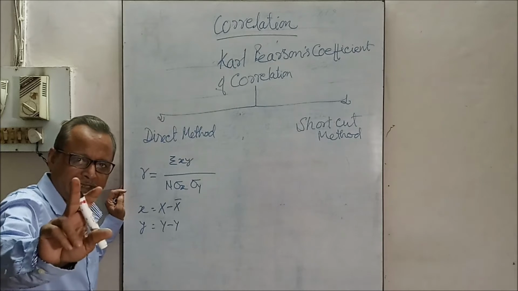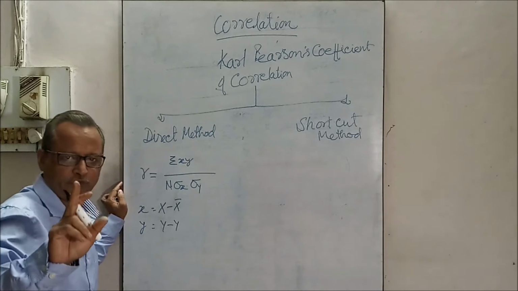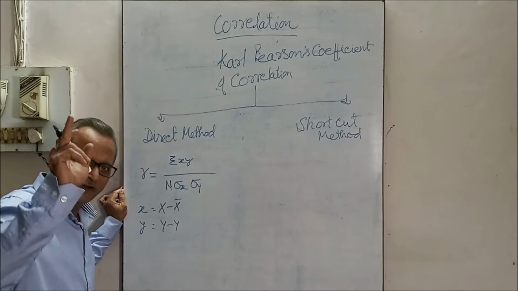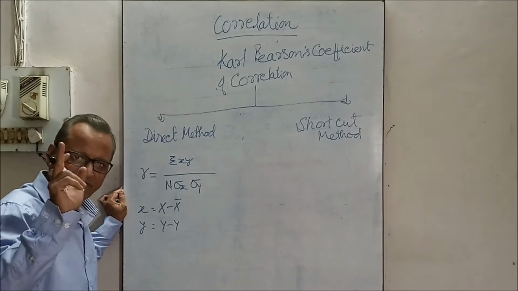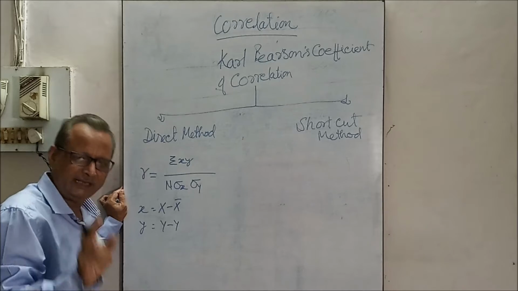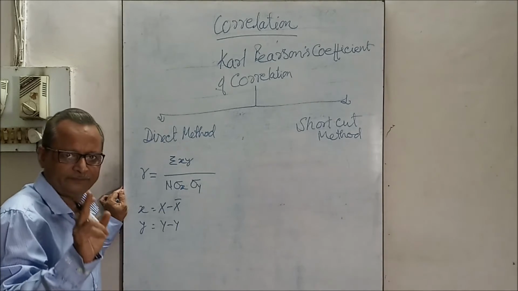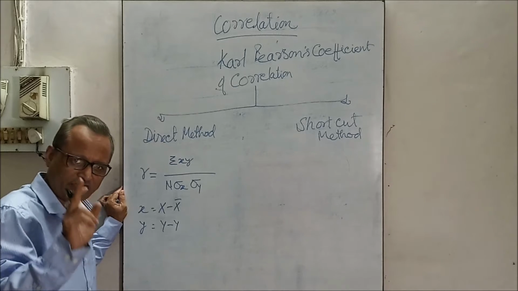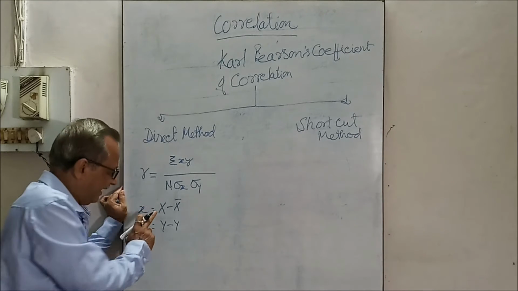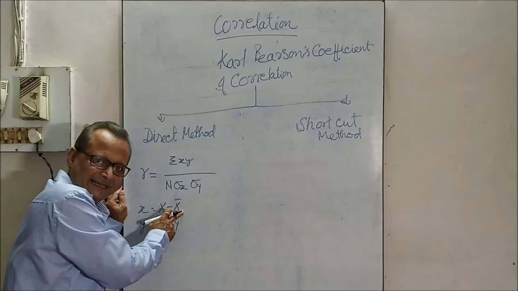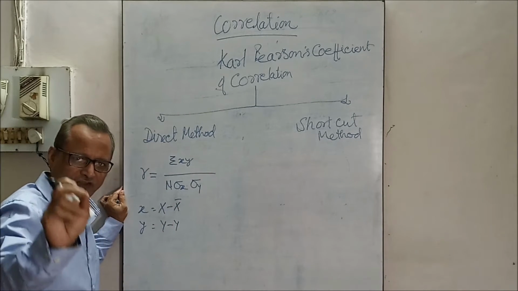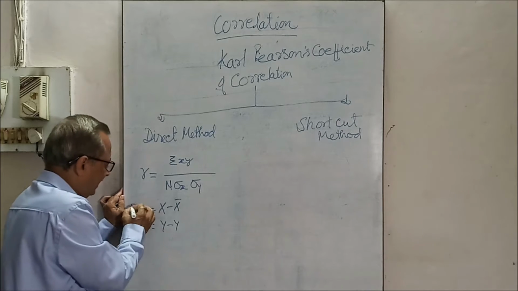The two variables are there, the x series and the y series. For the values of the x series, first of all we will find the actual mean or average, and from that average we will calculate the deviation of each size of item, x minus x bar, which is presented as x.